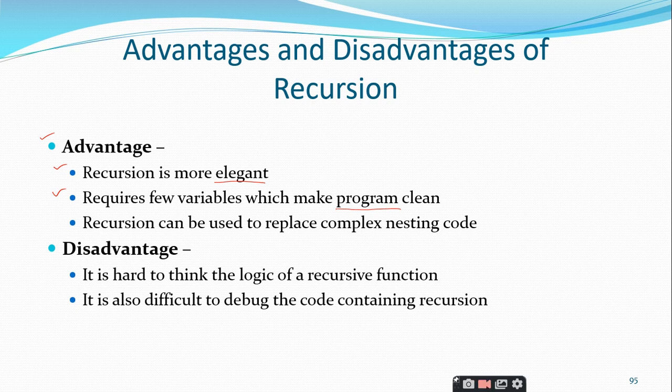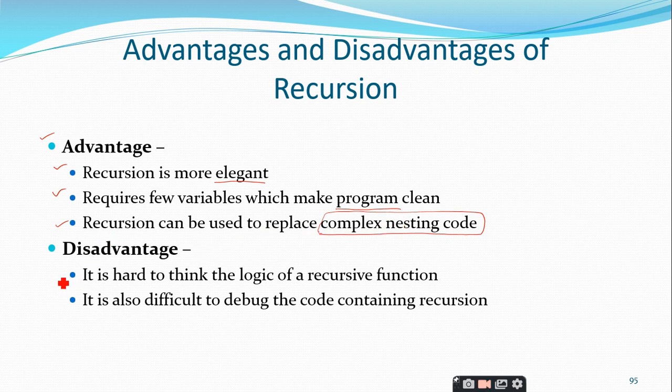So the number of variables we use in looping constructs is more compared to recursion. So recursion makes use of very few variables, so the program looks very small and clean. And actually recursion can be used to replace complex nesting code. If you have nested loops, you can easily write the logic for that program in terms of recursion.